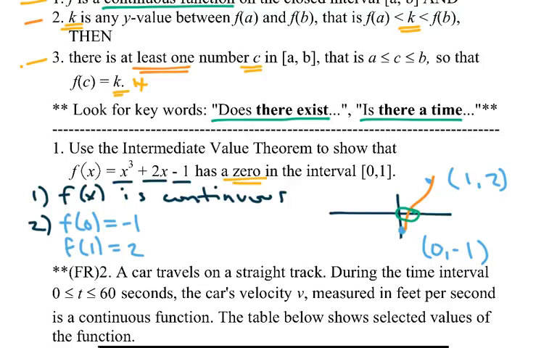So I can say, yes, there is a k value, so we could say 0 is less than f of 1, and it's greater than f of 0.